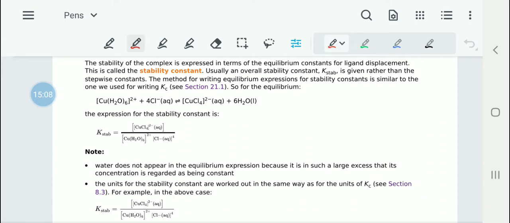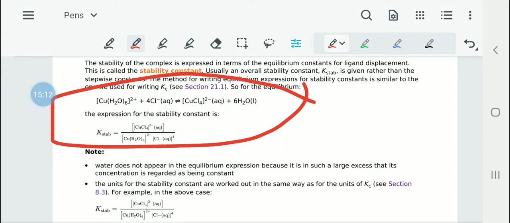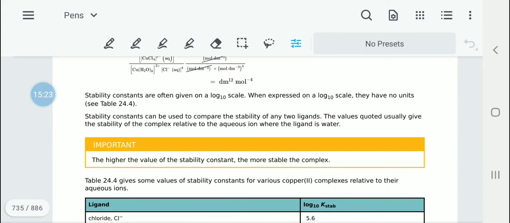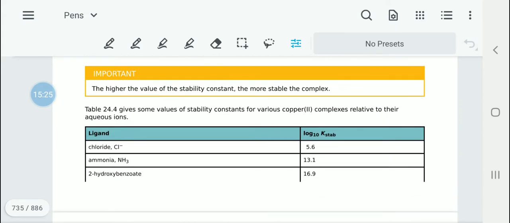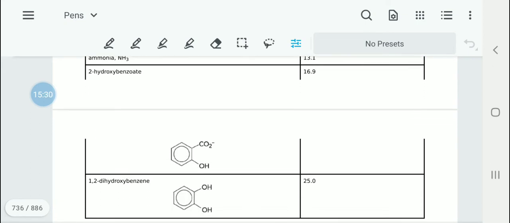It is written in the same way as Kc. Please write this down. And its units are calculated in the same manner. Put a star and write down: the higher the value of the stability constant, the more stable the complex is going to be.